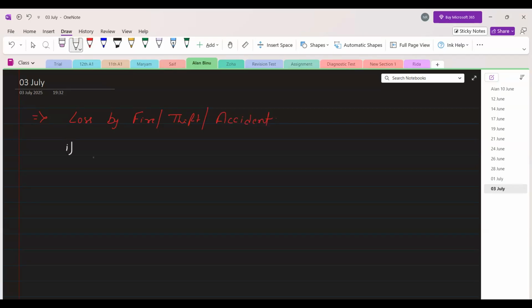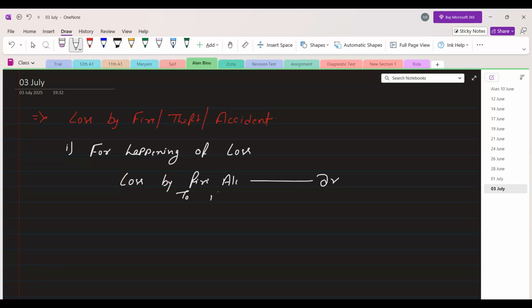First of all, whenever there is a loss, it will be loss by fire account debit to purchase account.